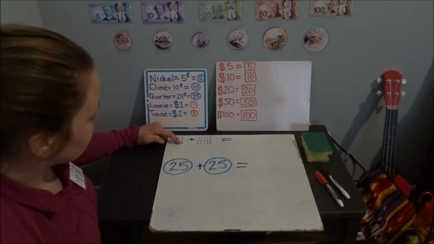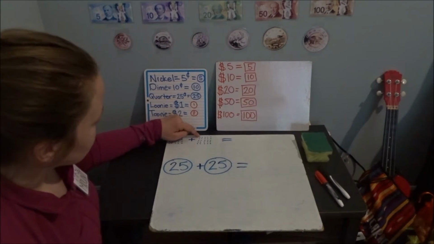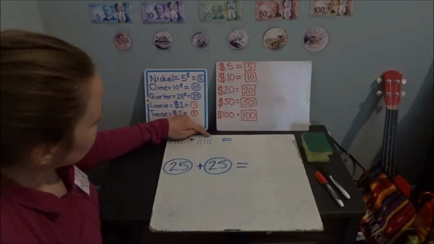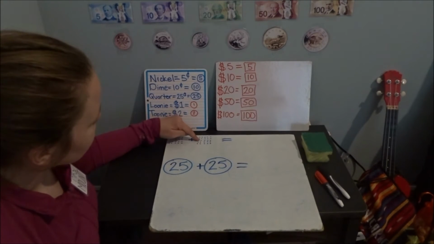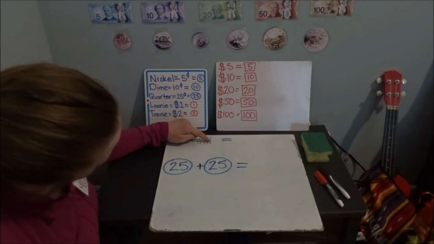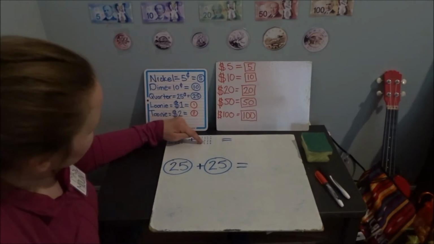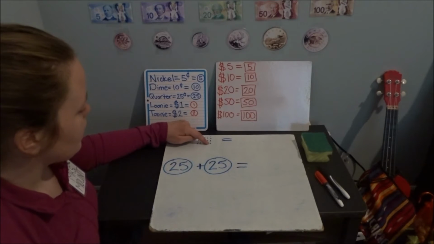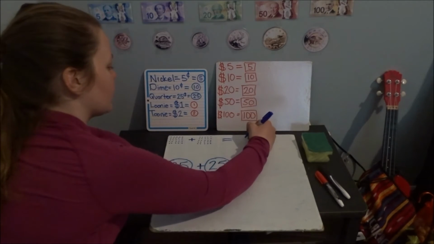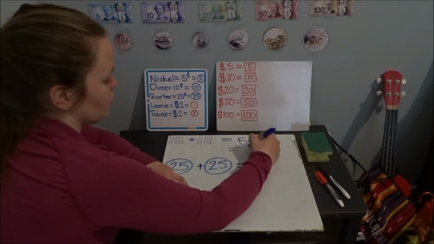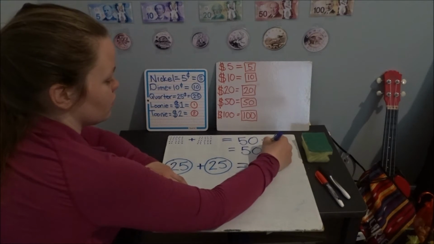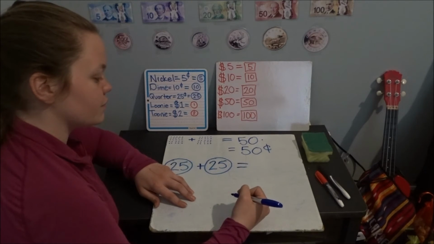And because we're adding, we can just continue counting. 26, 27, 28, up to 49, and 50. So we've got 50 dots, which we know is equal to 50 cents.